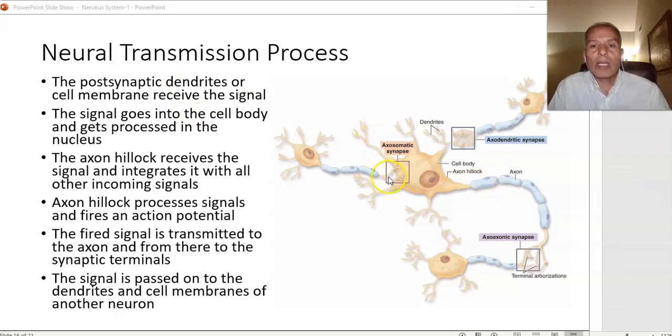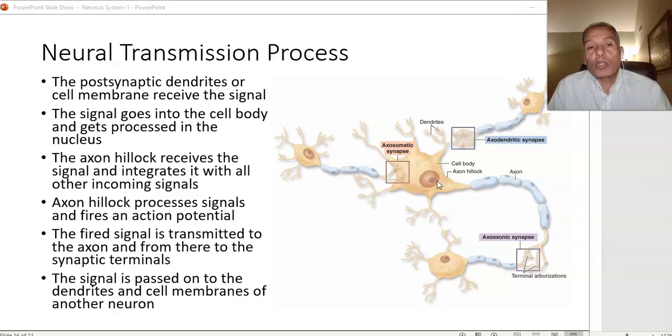But the signal then goes to the cell body to be processed, and it goes to the nucleus to be processed, and then it goes to the axon hillock. This is where the decision is made whether that signal should be fired or not fired.